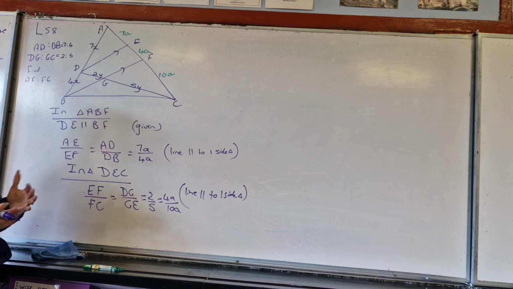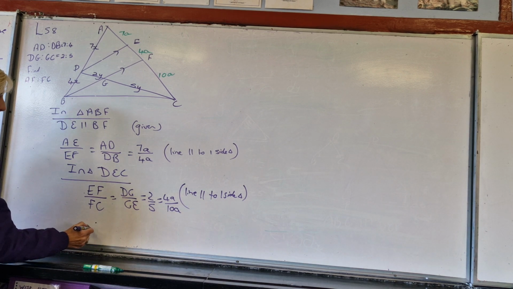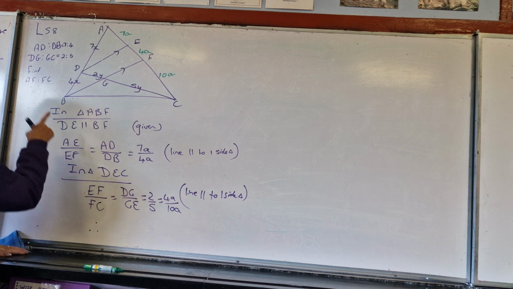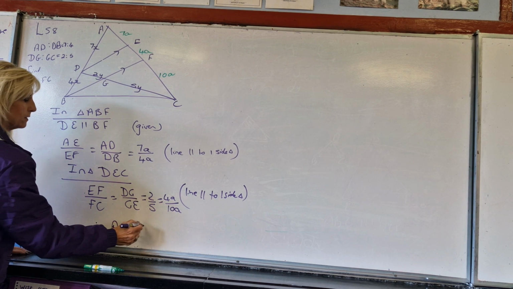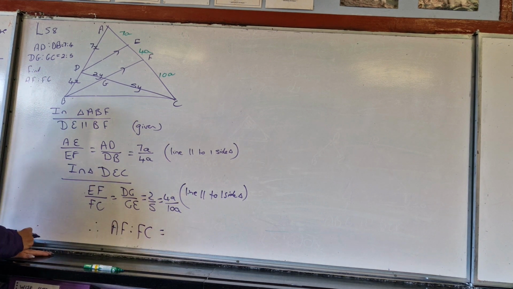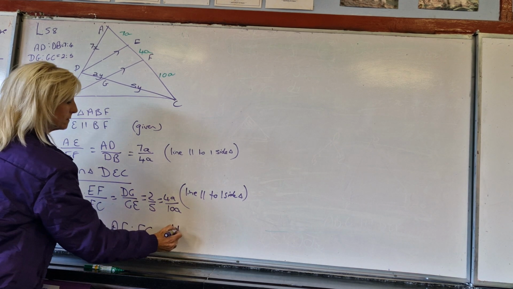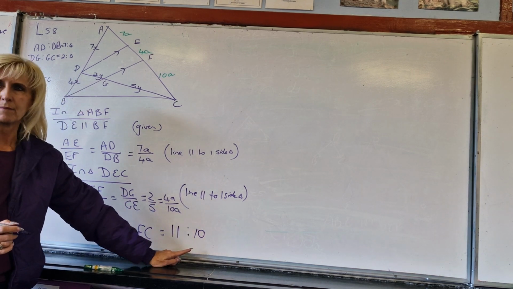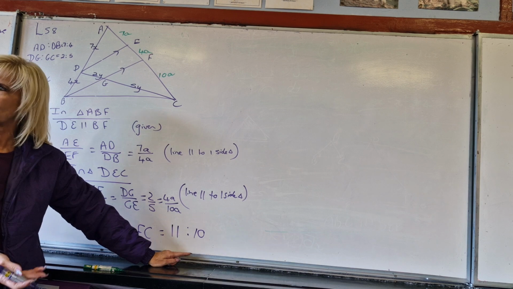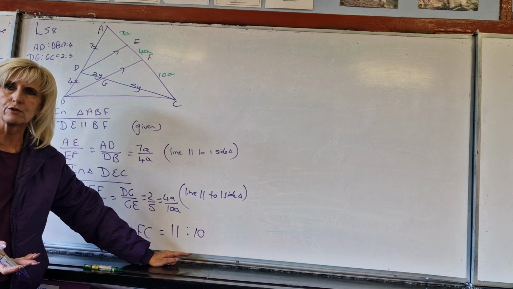I'm done. What do I say? Therefore, AF to FC is 11 to 10. Mustn't I write the A's there? No, it's ratio again. And if you do write the A's first and then leave it out, it's also fine.